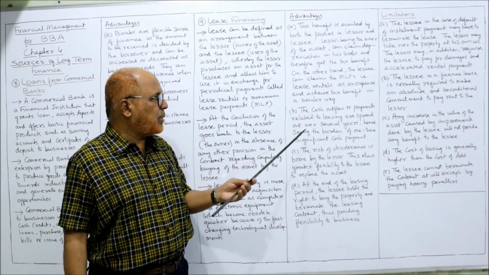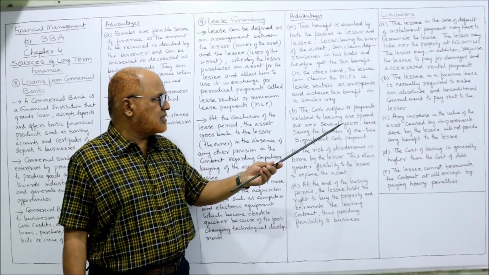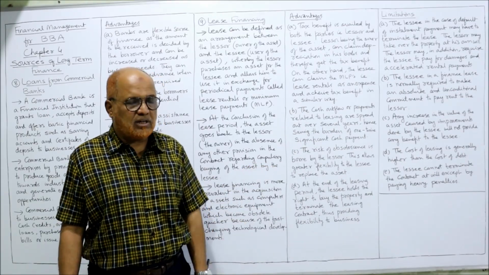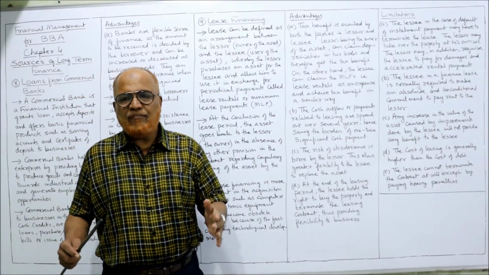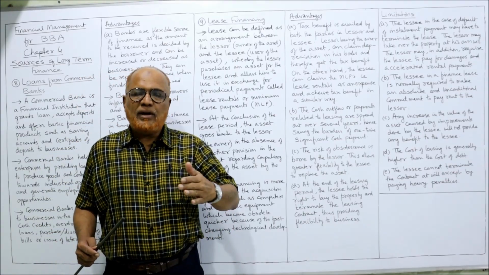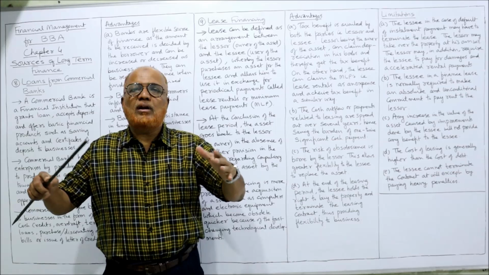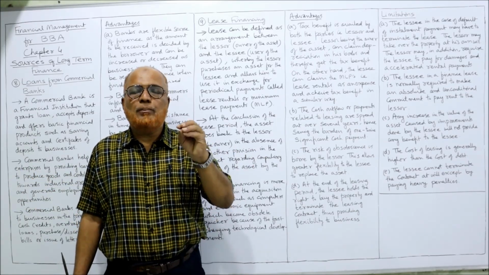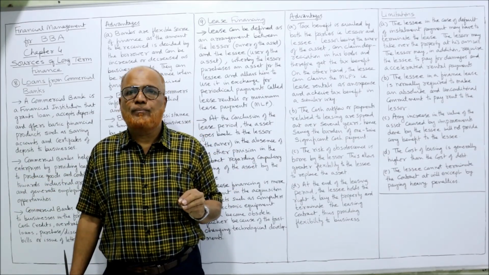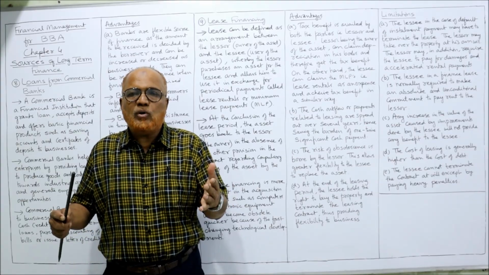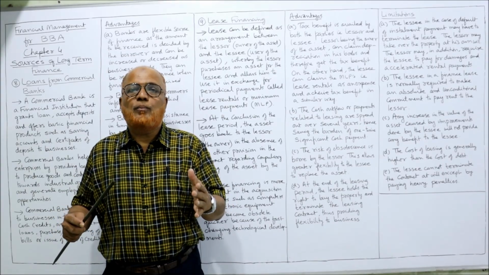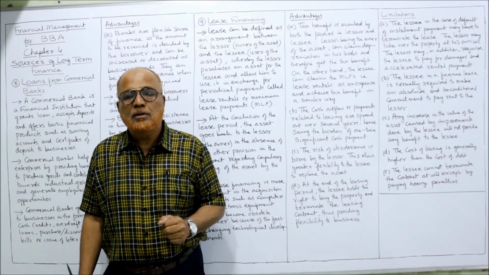Secondly, the cash outflow payments related to lease are spread over several years, hence saving the burden of one-time significant payment. The benefit to the lessee is that the payment for the asset will be spread over a number of years. So the business will not feel the pinch. If the business pays a lump sum amount, it will be a big cash flow problem for the business.